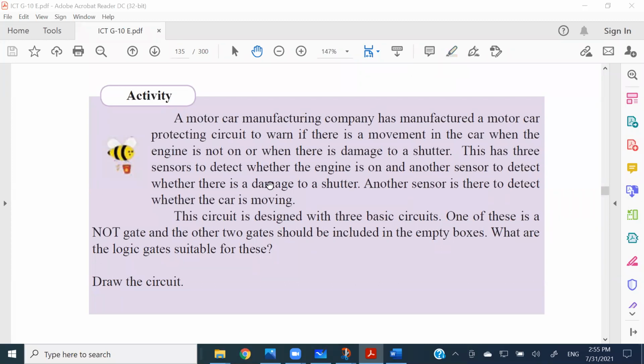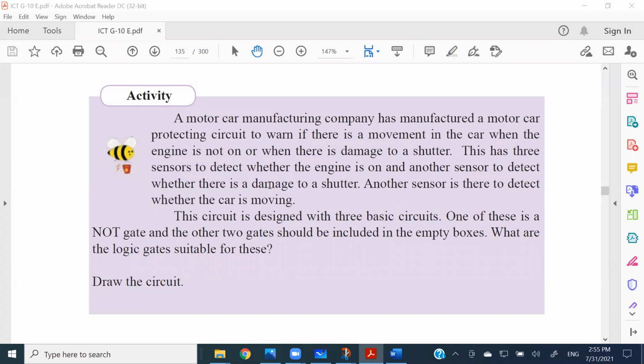Right. So the activity says a motor car manufacturing company has manufactured a motor car protecting circuit to warn if there is a movement in the car when the engine is not on or when there is damage to a shutter, right?